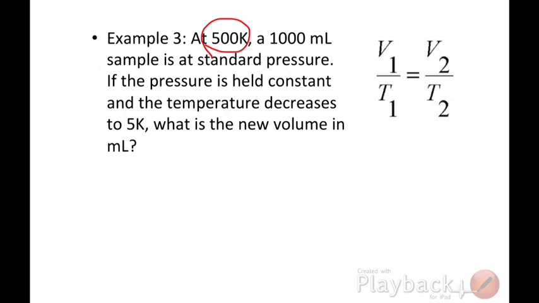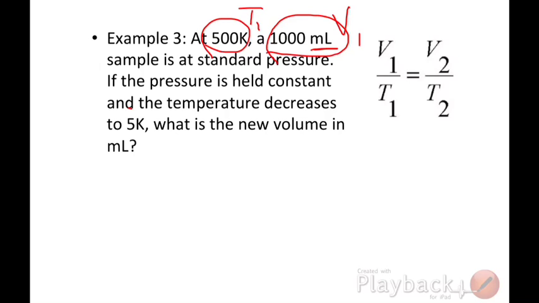At 500 Kelvin, K stands for Kelvin, that is always temperature, so here's temperature 1. A 1,000 milliliter sample. Milliliters is volume, V1. It's at standard pressure if the pressure is held constant. So this is telling us that we know something about pressure, but thankfully we know that it's held constant.